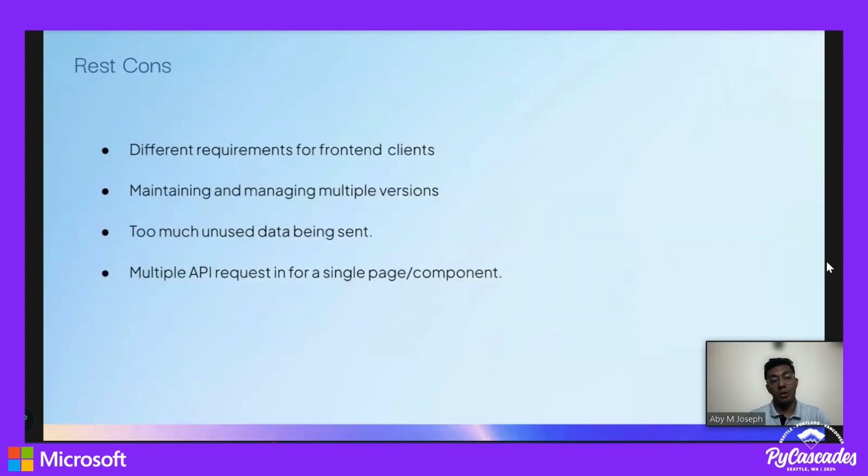Talking about more cons, different clients will have different design requirements, which makes it difficult to manage REST APIs and different versions. As APIs evolve, maintaining different versions to support backward compatibility can become complex. There is also excessive data transfer due to overfetching, and numerous API calls for a single page, which is nothing but underfetching.